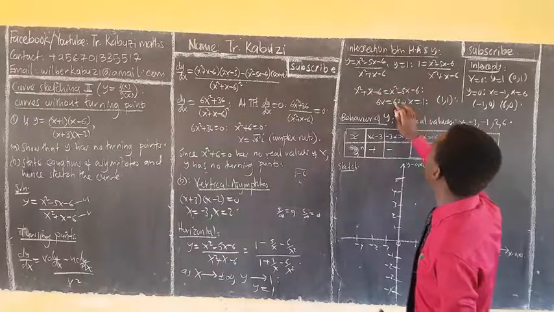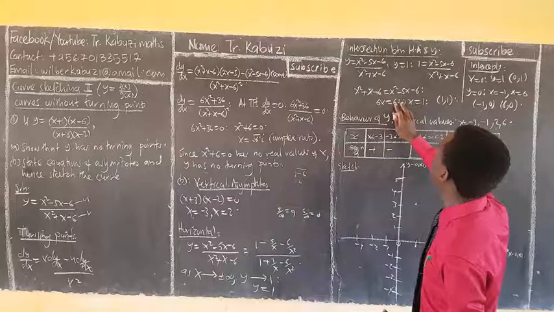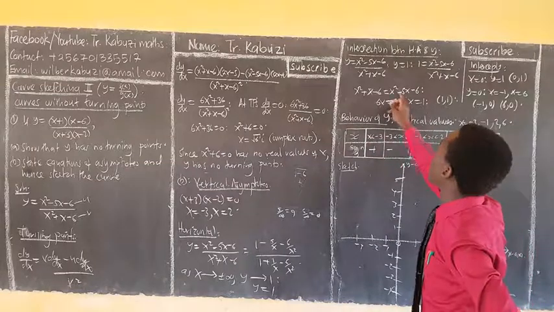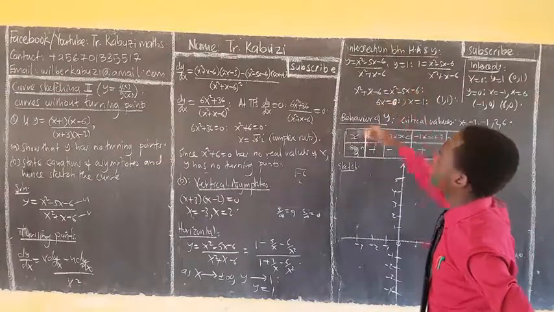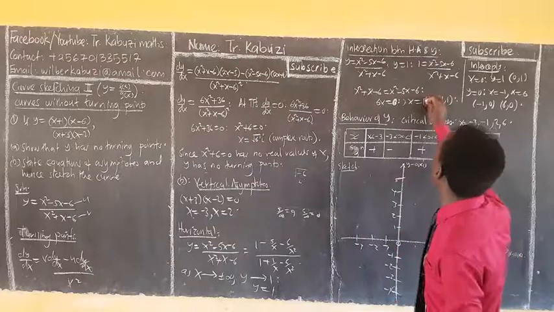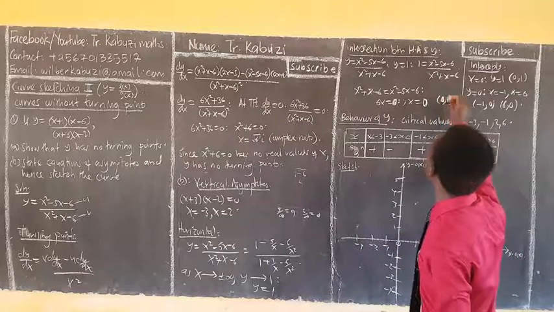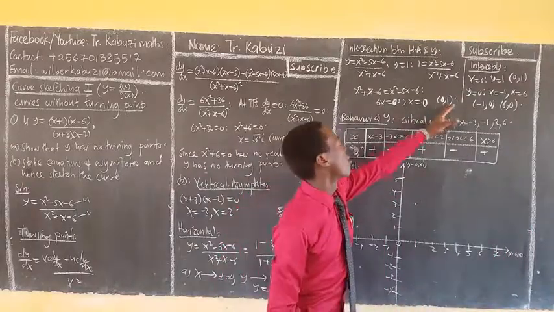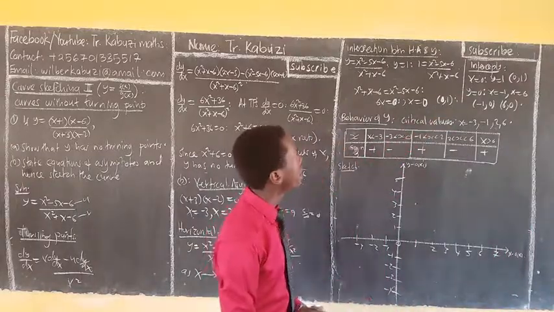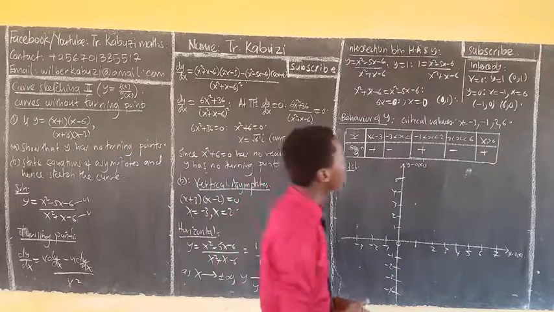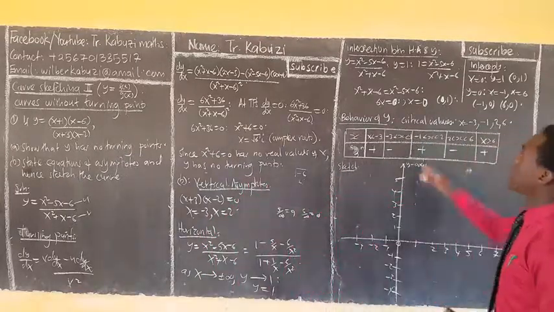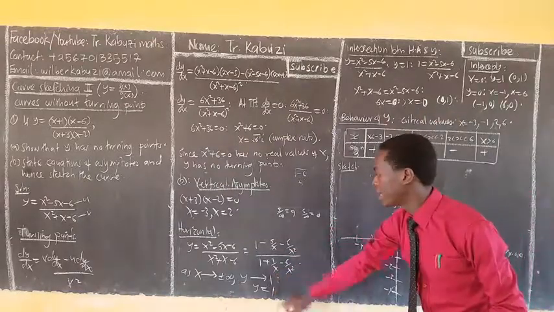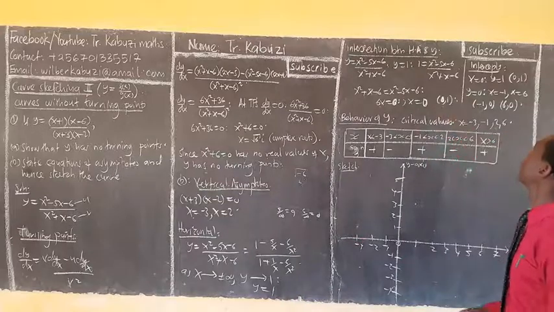Now remember that this is going to be 0, so when I take this one, it's going to cancel. So if it's 0, now our intercept is (0, 1). So these two are going to meet at (0, 1). We always get that point of intersection between those two. After doing that, this curve is going to intersect this asymptote line at this point. So here are the intercepts.